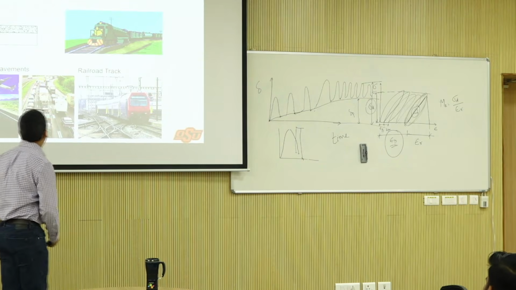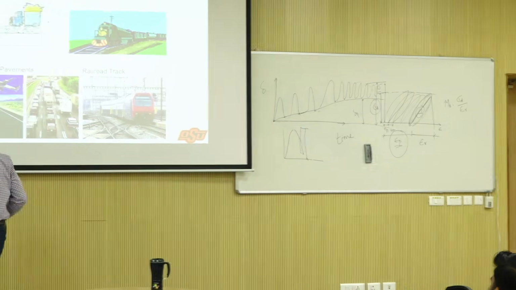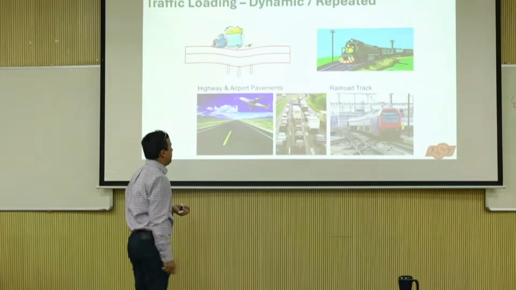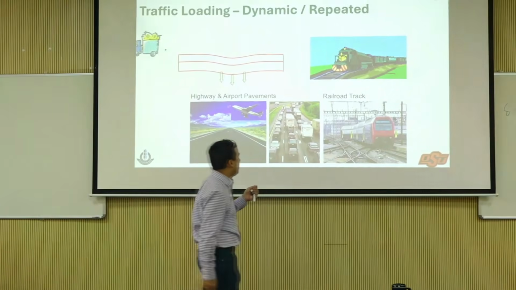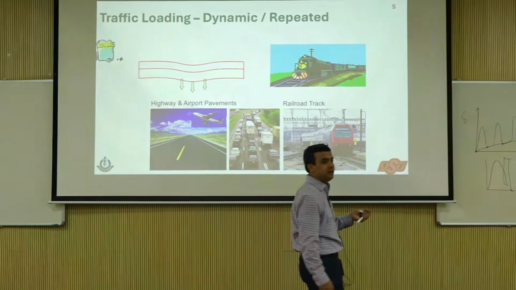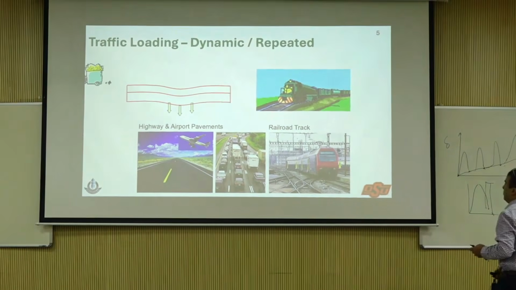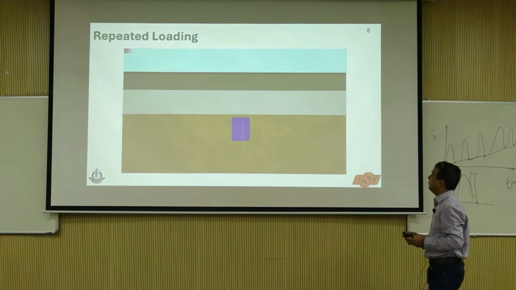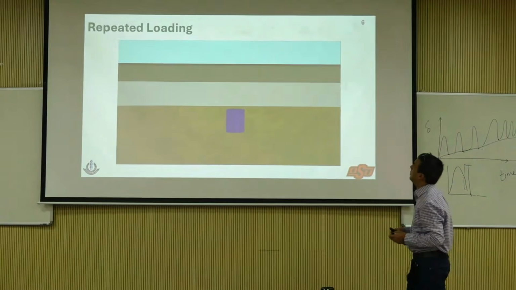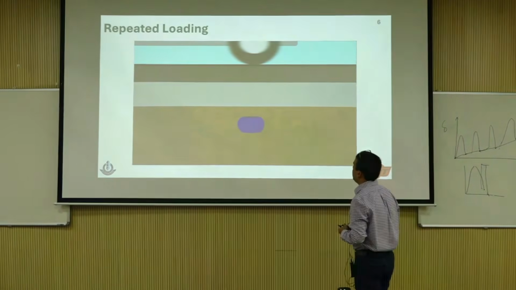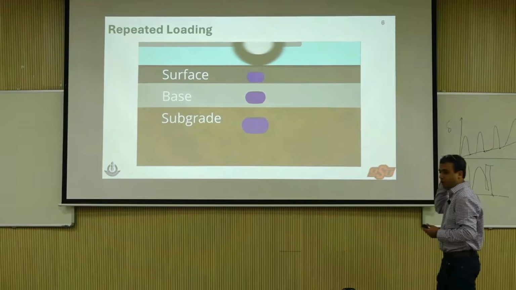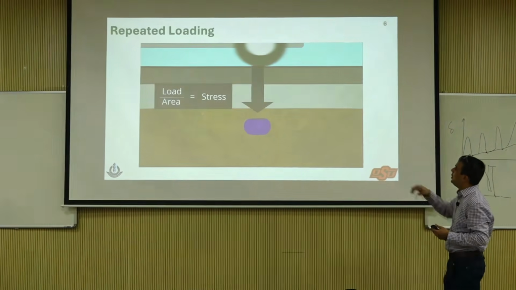Okay, so you know that every transportation infrastructure is loaded repeatedly, and that is the reason you have to measure your resilient response. So this is a video that I use to teach. This was actually based on some old FHWA video that was made.